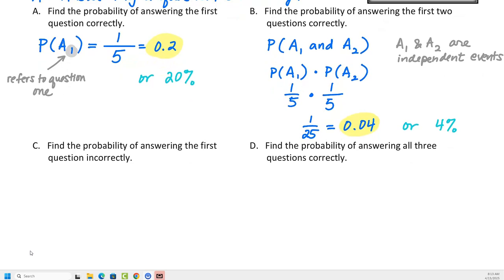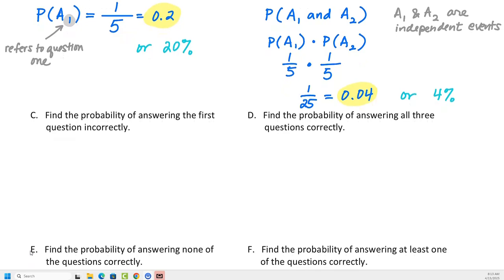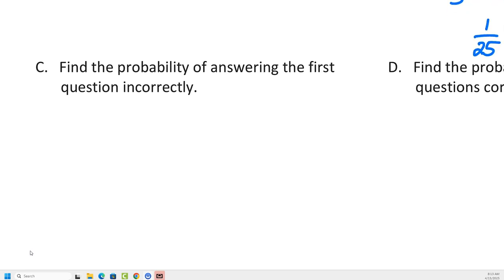Okay. Find the probability of answering the first question incorrectly. Isn't that the same as not A1? Do you agree?